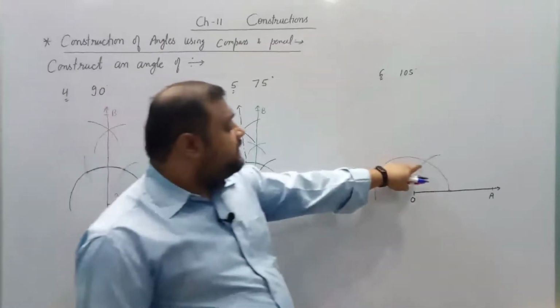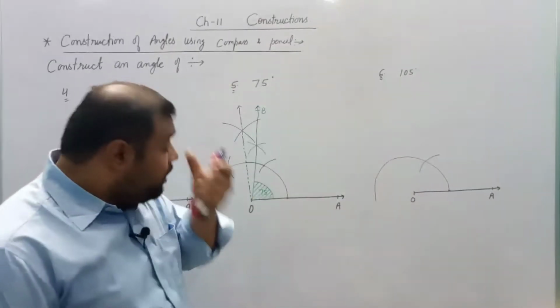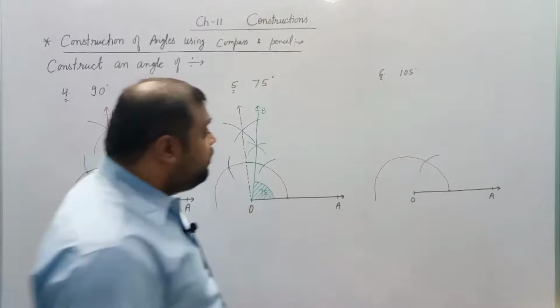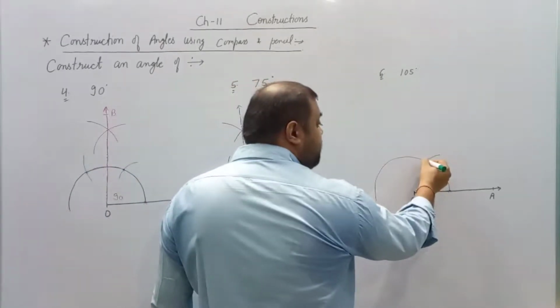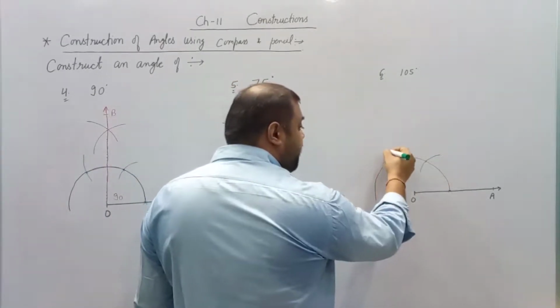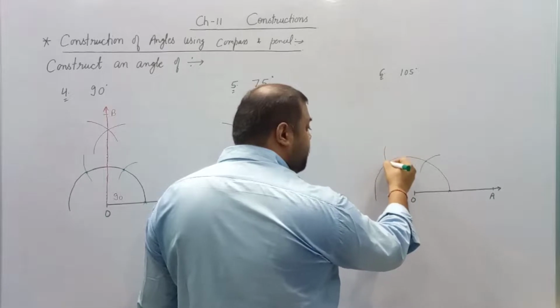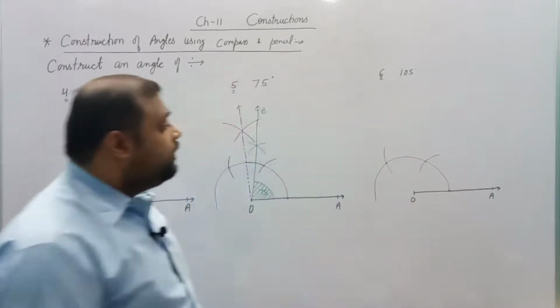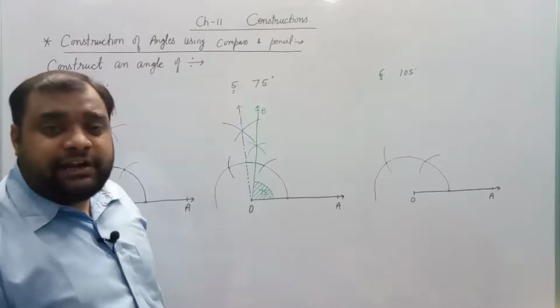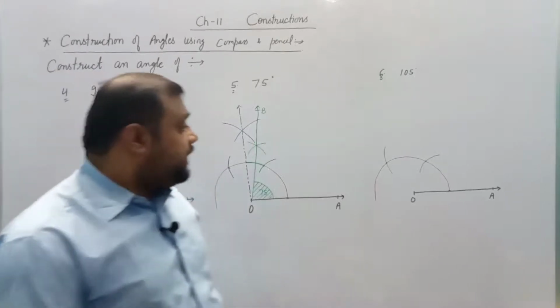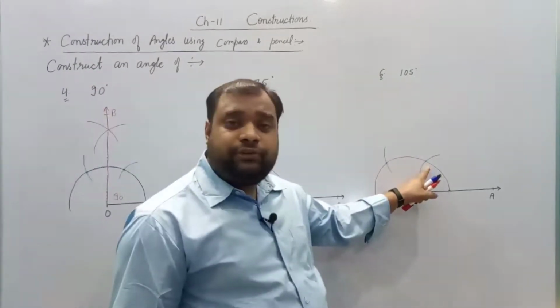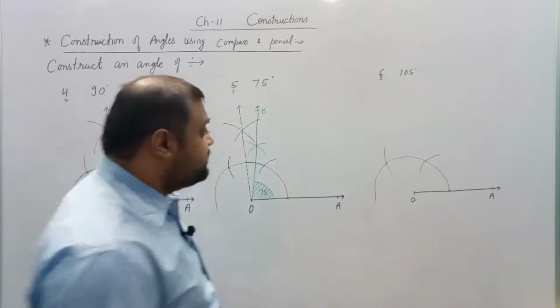We have constructed the 60 degree angle. Now construct an angle of 120 degrees. Taking this point as center and with the same radius, draw another arc, 120. Now construct an angle of 90 degrees. So 90 degrees is the bisector of 60 and 120 degrees.